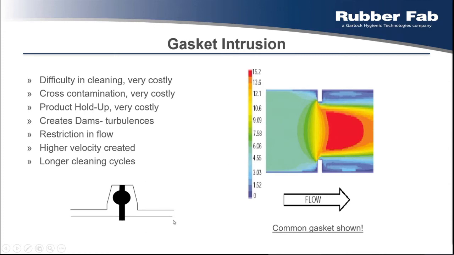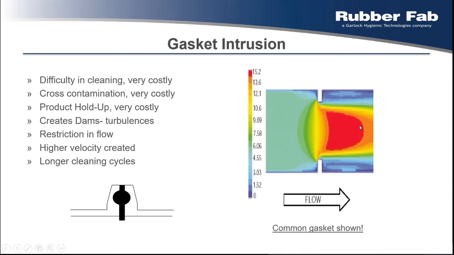This makes the connection very difficult to clean and can be the root cause for cross-contamination, because we have very slow-moving areas, so-called entrapment areas or dead areas, where the gasket intrudes into the production system. In extreme cases, it can also be a cause for product hold-up.